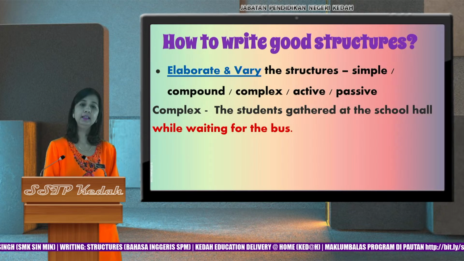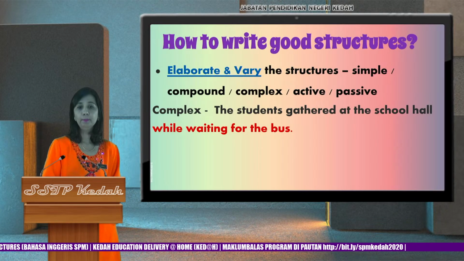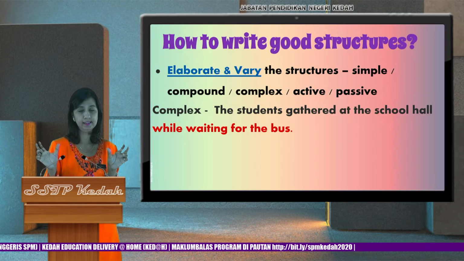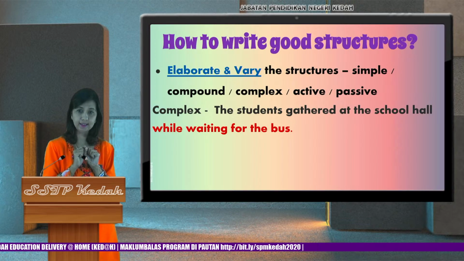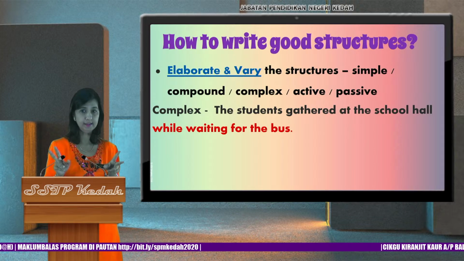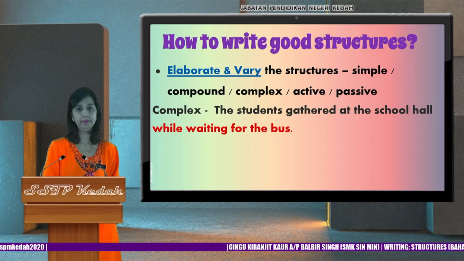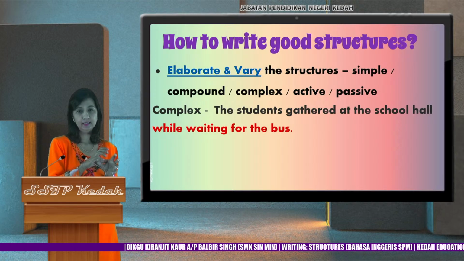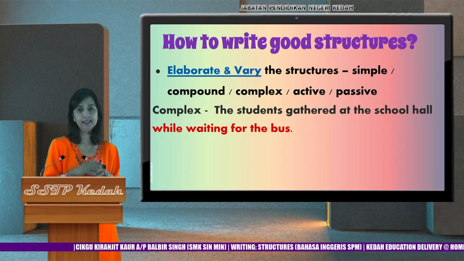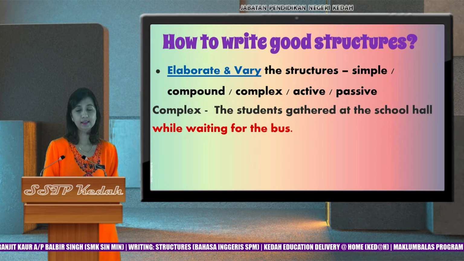So here, the difference between complex and compound is, in a compound sentence you have two complete sentences joined using a connector. Whereas in a complex sentence, you have two clauses, but they are not totally complete. One is complete, the other one is actually not complete. It's dependent. Okay, it depends on the first sentence. In this case, the one in red is a dependent clause. Okay, it's not really complete.